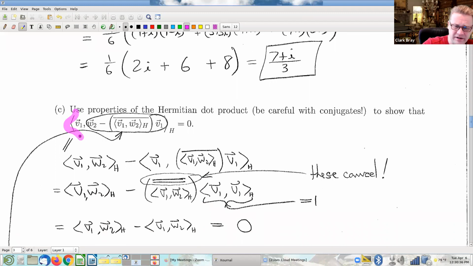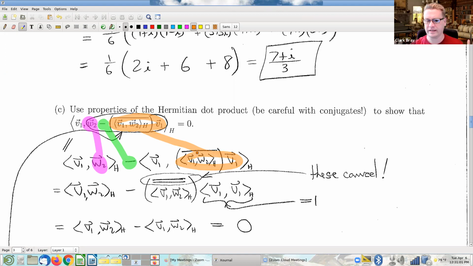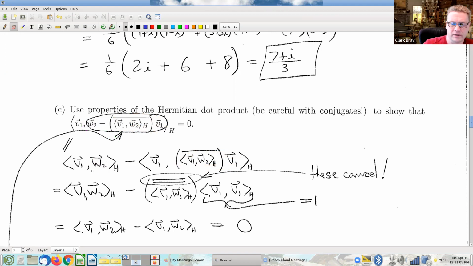Notice that this is a Hermitian dot product, and with Hermitian dot products we can distribute. So first the W2, and then minus all of this business over there. That's just distributing, a known property of Hermitian dot products.